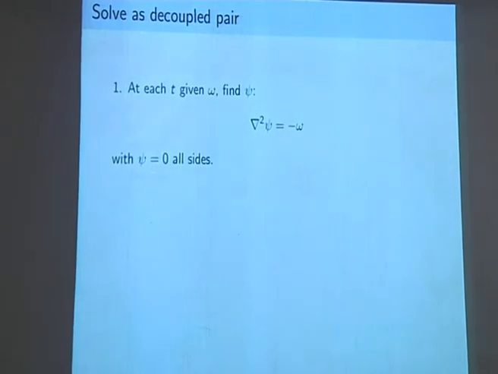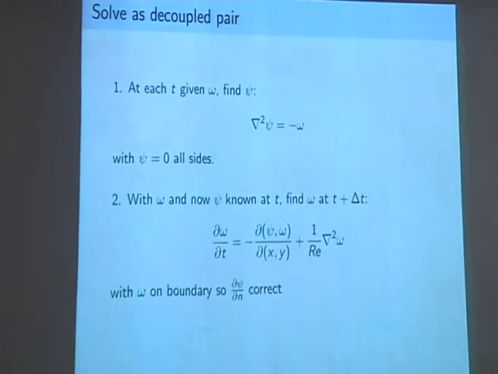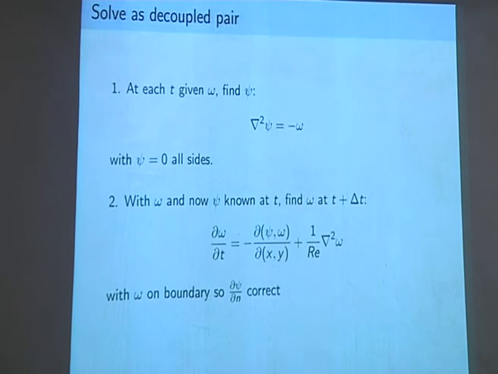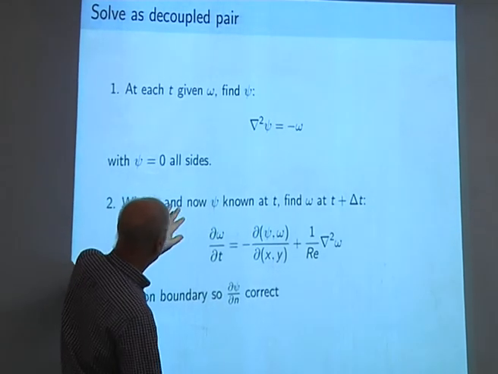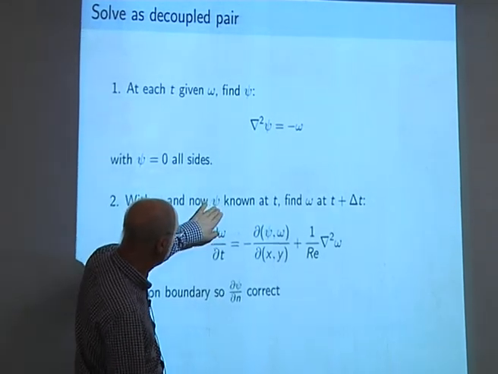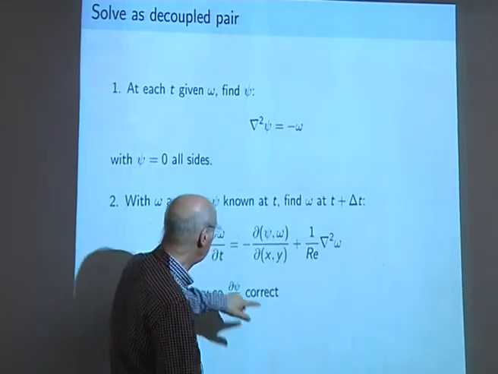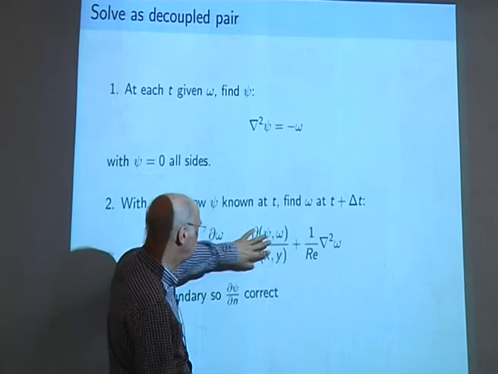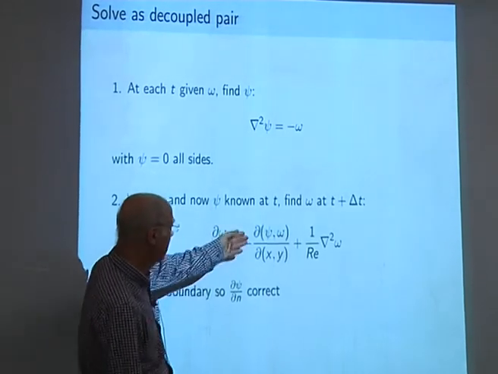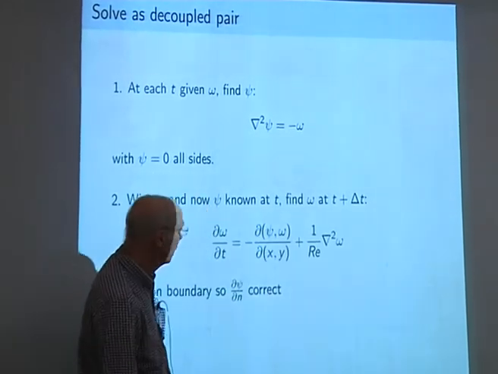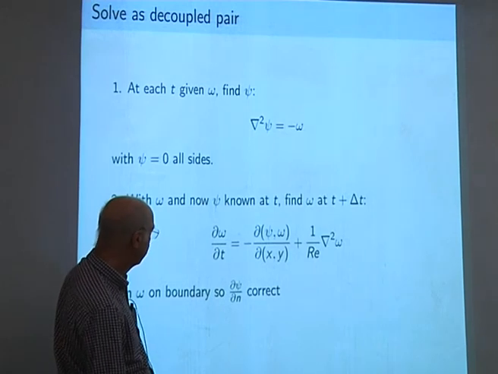So we would be ready to go to this, knowing this vorticity and stream function at time t, we want to find the vorticity at the next time step by solving this equation. That's that rearrangement we had. But otherwise, it's minus u dot grad omega.